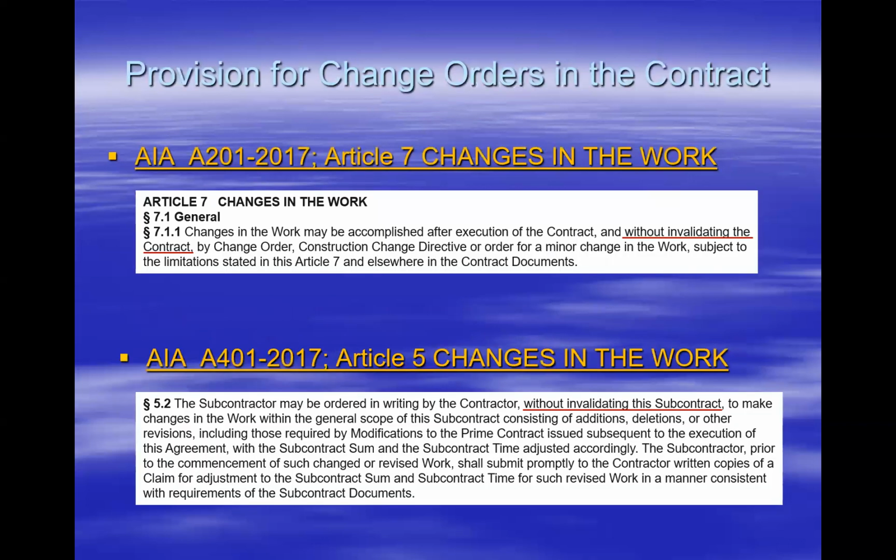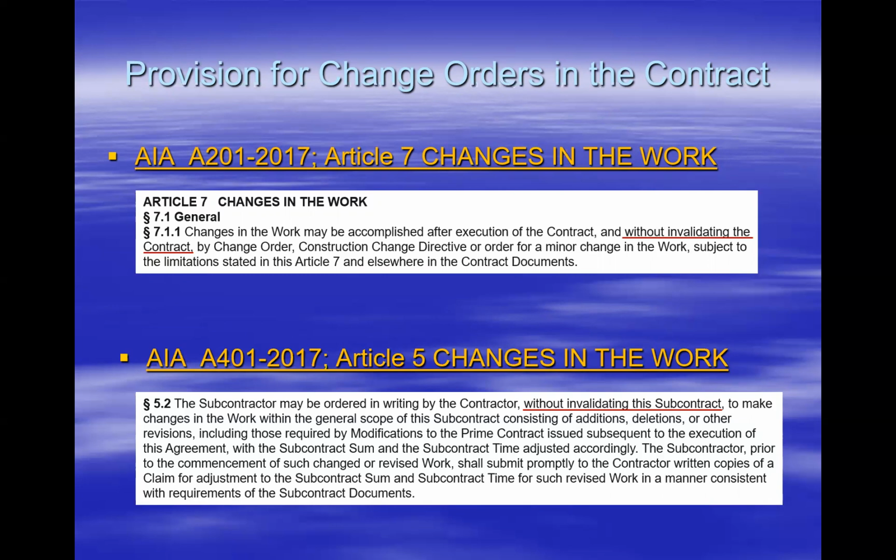Starting off with the A201, Article 7, Changes in the Work, paragraph 7.1.1 states that changes in the work may be accomplished after execution of the contract, and without invalidating the contract. That's very important verbiage. This can be done by change order, construction change directive, or order of minor change in the work.